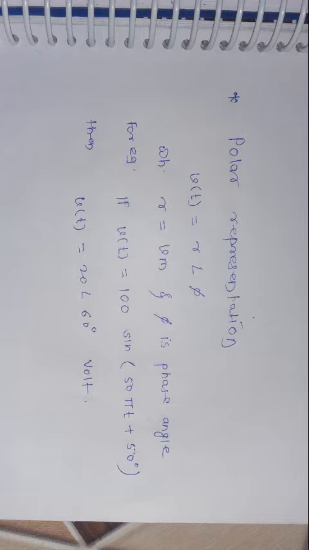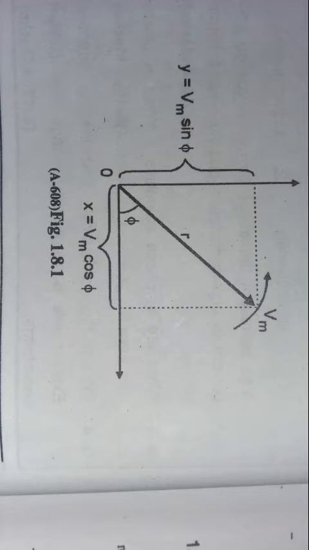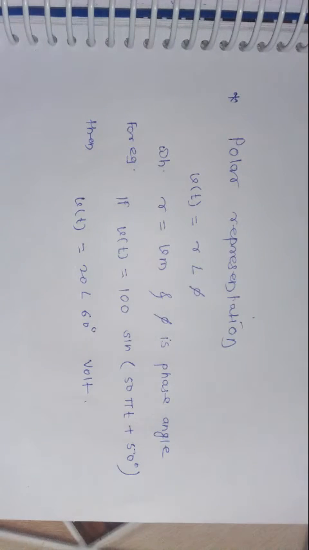Whatever phasor diagram we are watching on the screen is represented in polar form as phi of t is equal to r at an angle phi, where r represents the maximum value of that quantity and phi represents the phase angle.